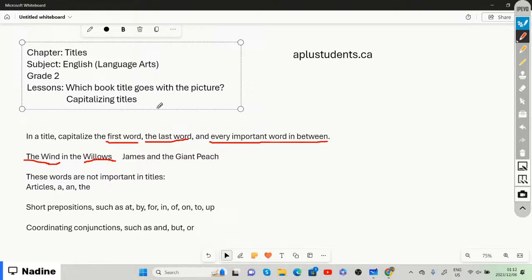So we said when we capitalize titles, we capitalize the first word, which is James. We capitalize the last word, which is peach. And every other word in between, which will only be giant.